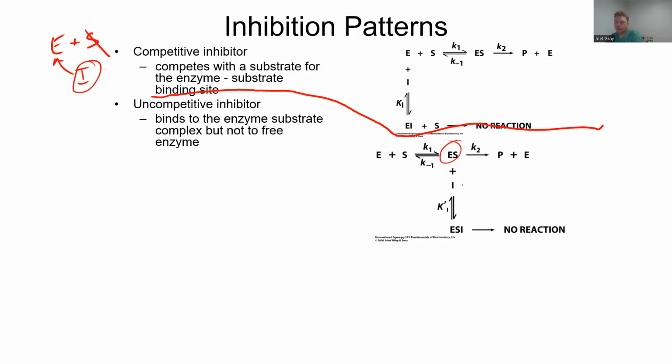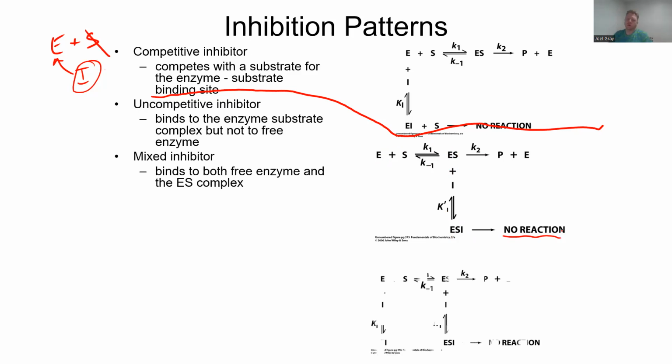That ES complex will interact with our free inhibitor and form our ESI, our enzyme substrate inhibitor complex. That enzyme substrate inhibitor complex is going to prevent any sort of product from being generated. So in this uncompetitive inhibition model, should the inhibitor bind, it prevents the formation of our product.